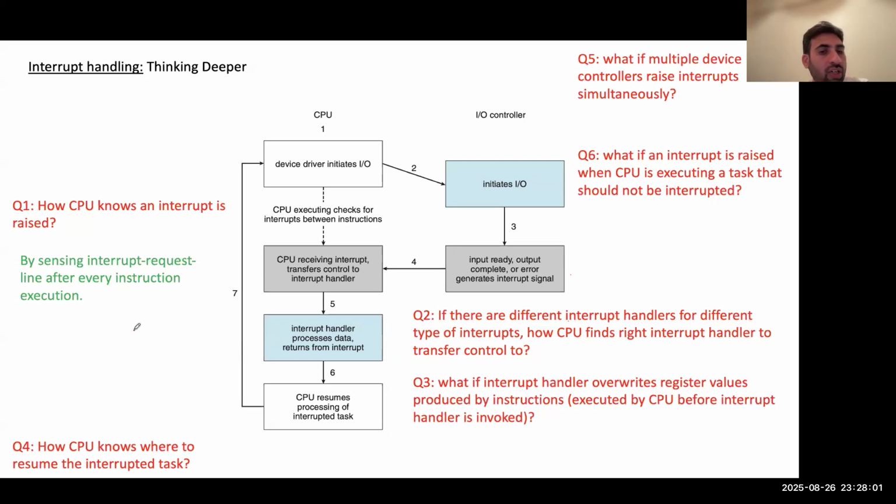Which definitely means that on the other side of the signal, it is the job of the device controller to drive it high when it is done with the requested task. After every instruction execution, the hardware will sense that signal. If that signal is active, then the OS will know an interrupt is activated, and I need to stop whatever I'm doing and first handle this interrupt.